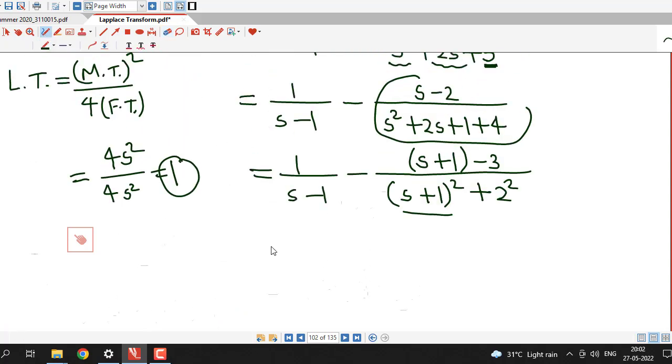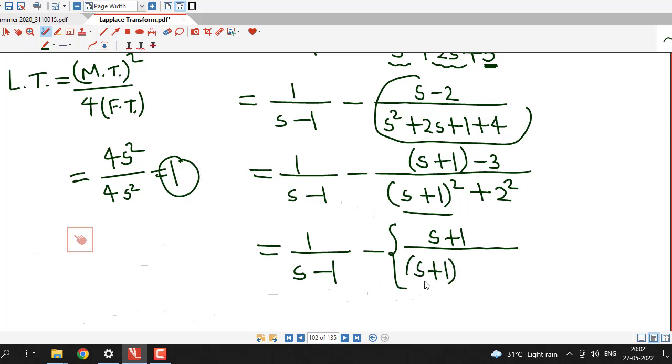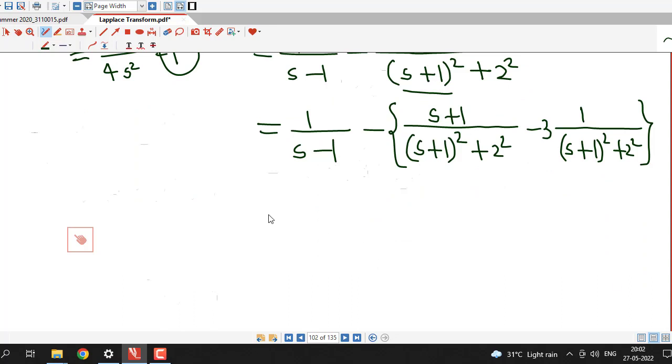So now we again rewrite this second term. The first is as it is. Now I can rewrite this as (s plus 1) over the square of (s plus 1) plus 2 square, minus 3 times 1 divided by the square of (s plus 1) plus the square of 2. And we can write one more step: 1 over s minus 1.